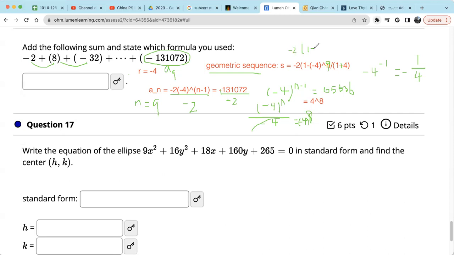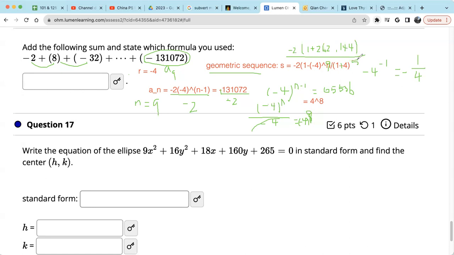Now multiply by 4. Let me write down this number. It's a huge number. It's negative though, because negative 4 raised to 9 is negative. But 1 minus negative becomes 1 plus. So that's 262,144. So that's this number, then divided by 5, because 1 minus negative 4 becomes 1 plus 4, which is 5.